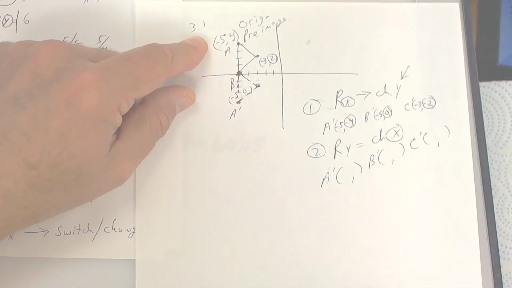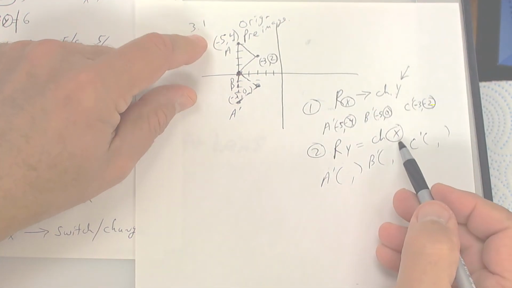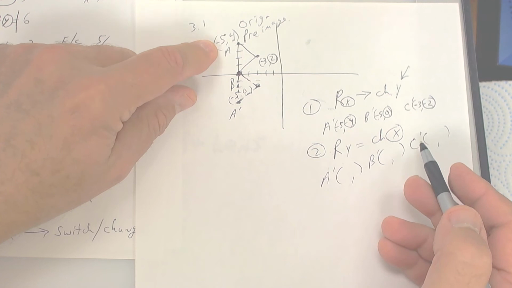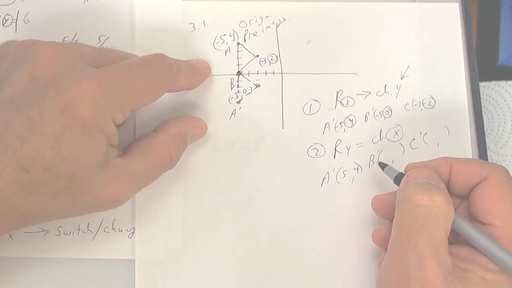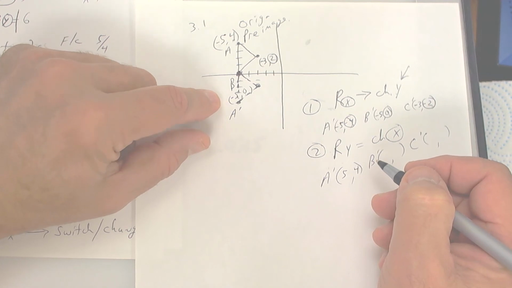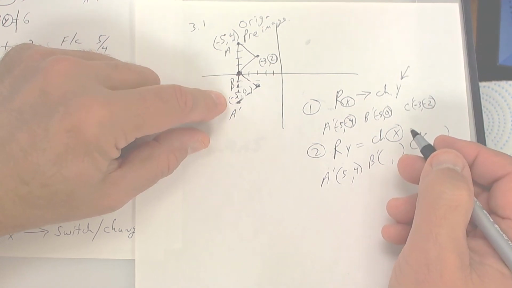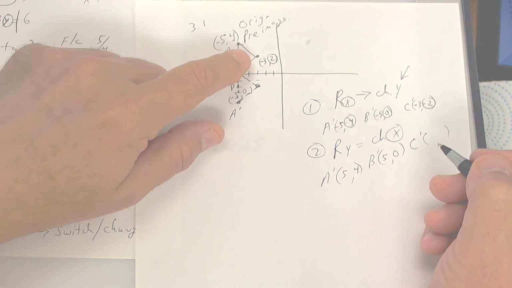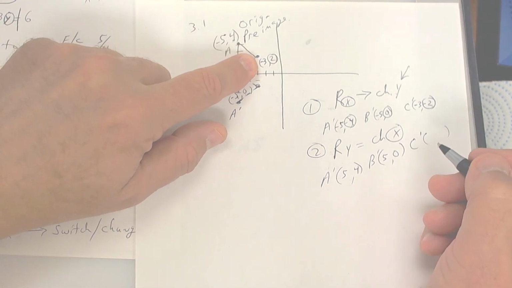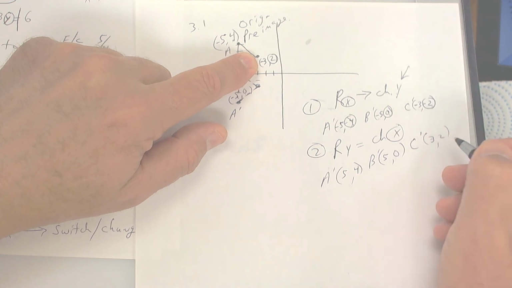Okay? Anyway, so on this one you have to change the x's. So that becomes 5 and 4. Here, B was -5, 0, so when you change the x, it becomes 5, 0. And then finally, the last one, when you change the x, it's going to be 3 and 2. Let's see how that looks.